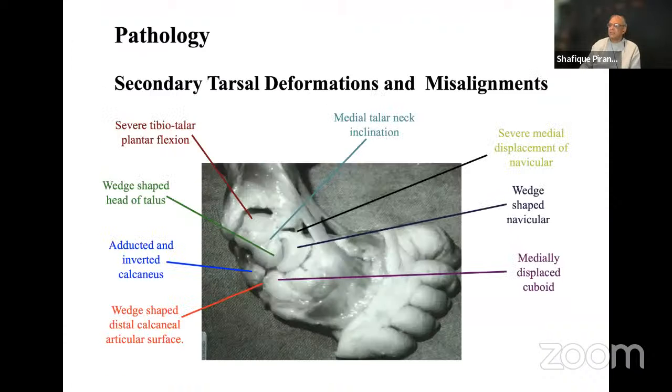Here, what I want to show you is that the forefoot is actually pronated with respect to the hindfoot. That's the first metatarsal here, and the medial side is plantar flexed with respect to the talus. So you have to supinate the forefoot. You have to elevate the front of the foot to bring it in line with the hindfoot.